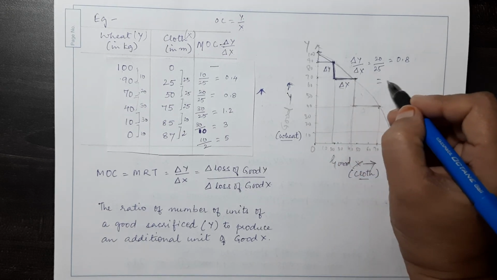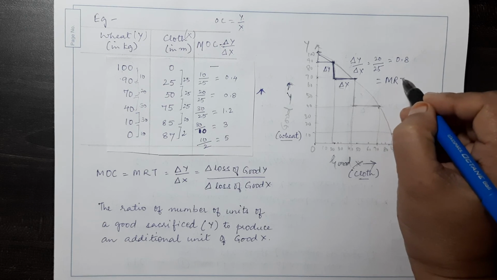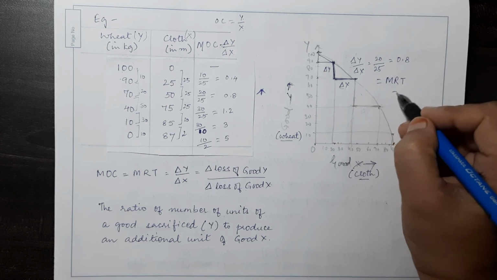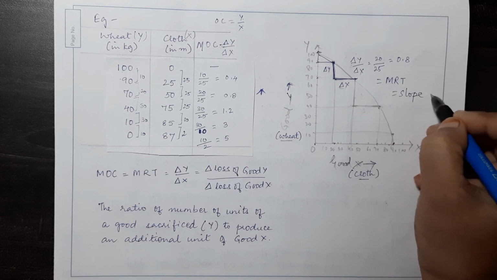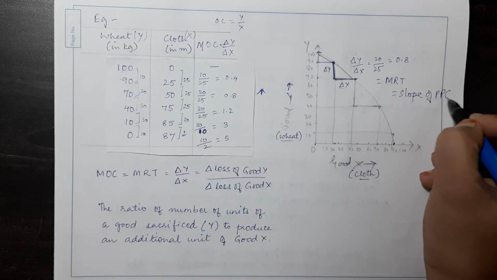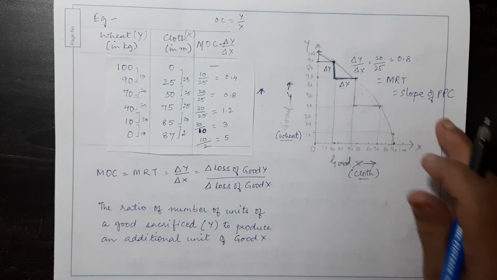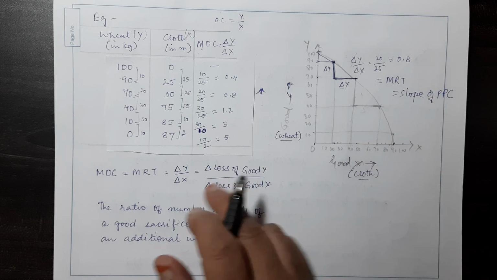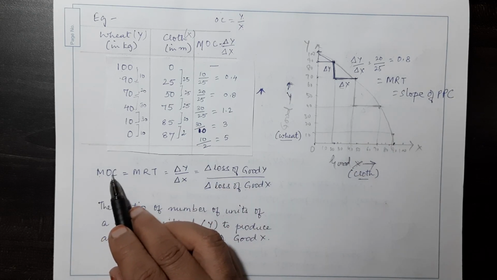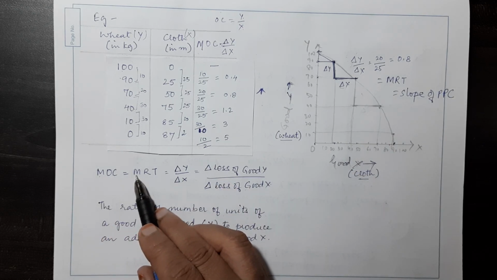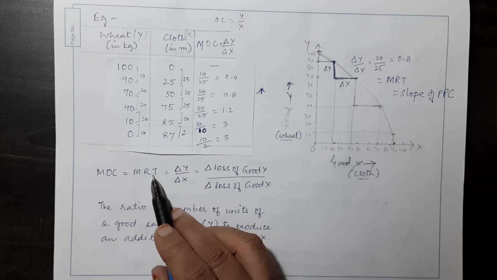This is otherwise called marginal rate of transformation or the slope of PPC. So by formula, the marginal opportunity cost is also equal to marginal rate of transformation. What is marginal rate of transformation?